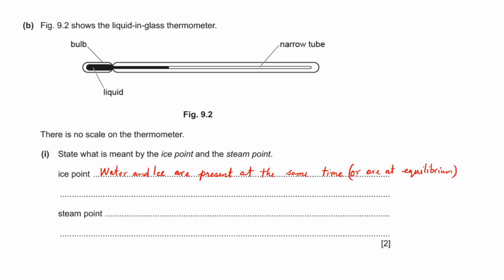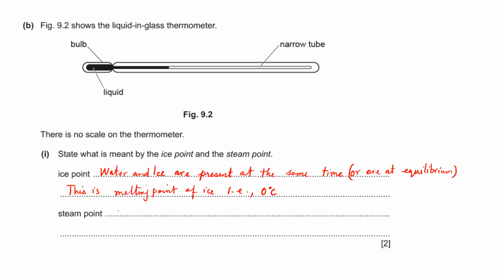Basically we are talking about ice and water. This is the melting point of ice. So at the melting point of ice, both ice and water are present. That is equal to 0 degrees centigrade.